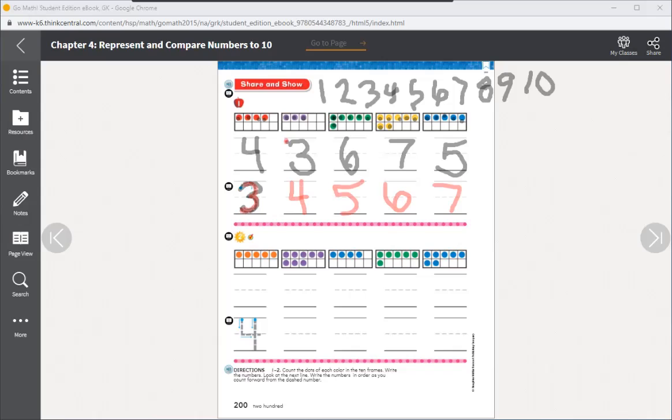So we started with 3. See, there's 3, and we wrote down 3. And then the next one we used was 4, because that's what comes next. Then we used 5, because that comes after 4. Then after 5 comes 6. We wrote 6. And then the last one is 7.